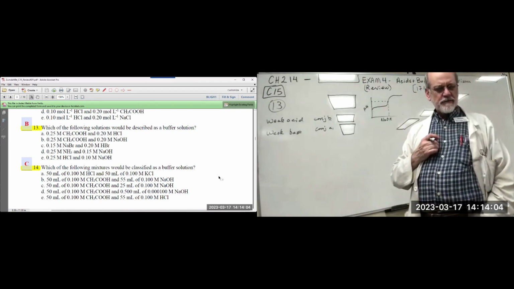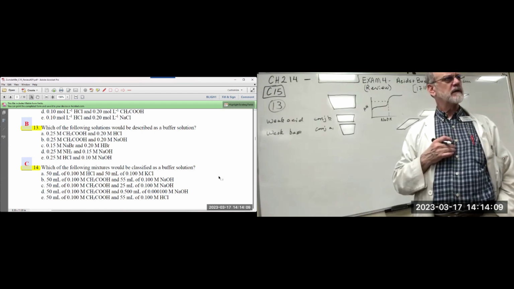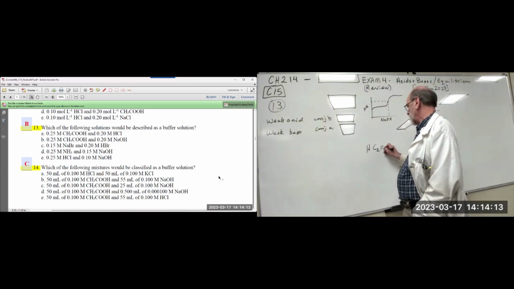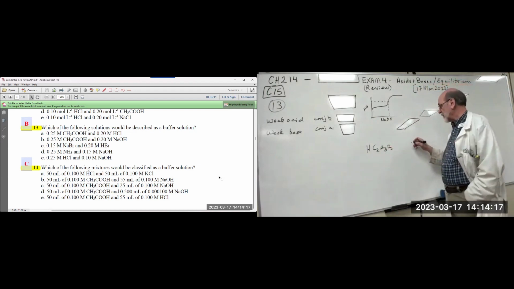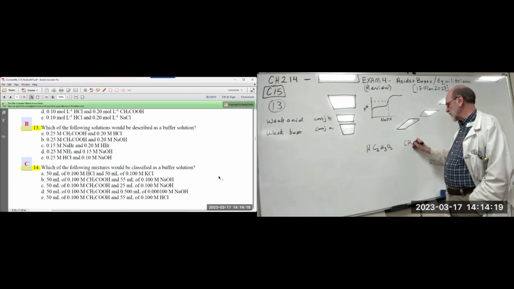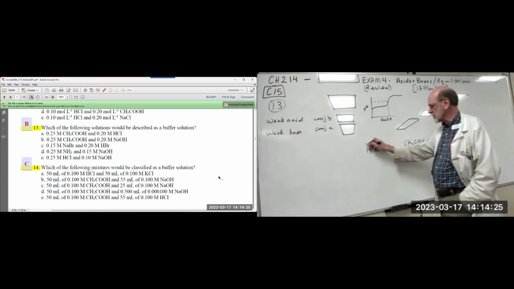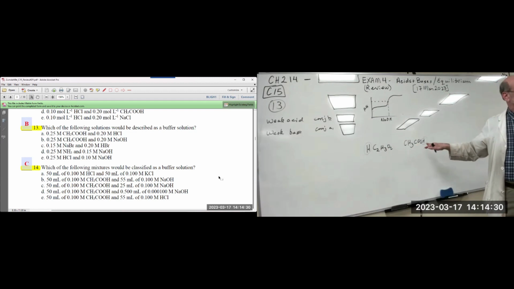The first one, acetic acid, CH3COH. Did I ever show you that one? Acetic acid in your textbook is written this way, right? Another way to write it is CH3COOH. Here's the acidic proton there. This just gives you structural information.